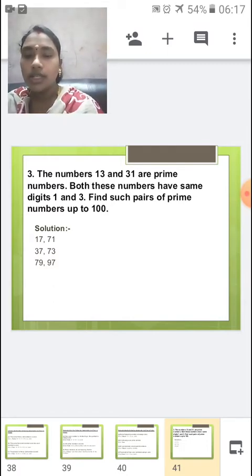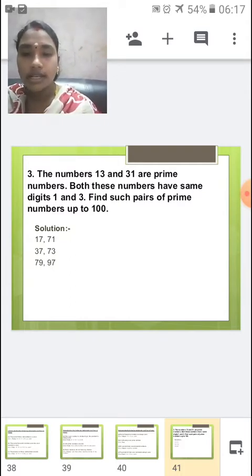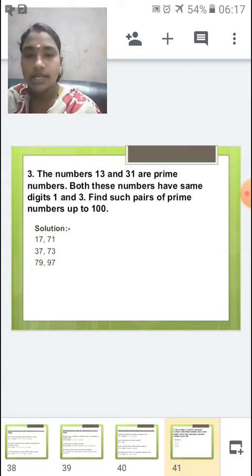Okay, so let us try. So after 13, 17 is a prime number given. Okay, so when 17 is given, if we interchange it, that is 7 comes first and 1 comes at the second place, we get 71.